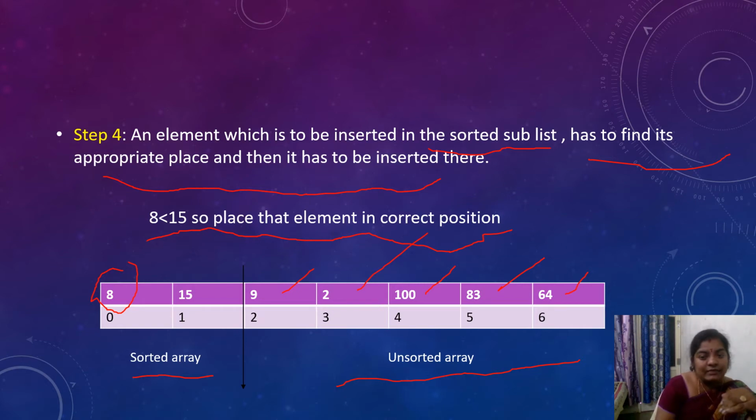Now what is the fifth step? Repeat step 3 and step 4 until the unsorted array is empty. Now we have to check: here the unsorted array is not empty. So we simply repeat step 3 and step 4.